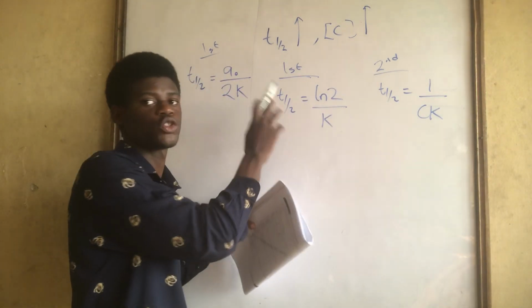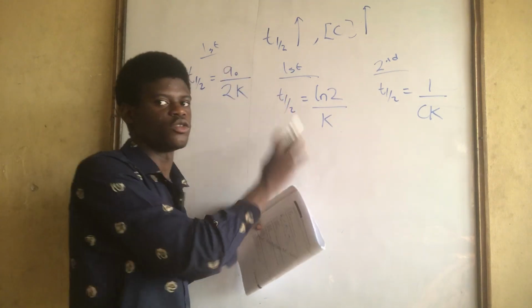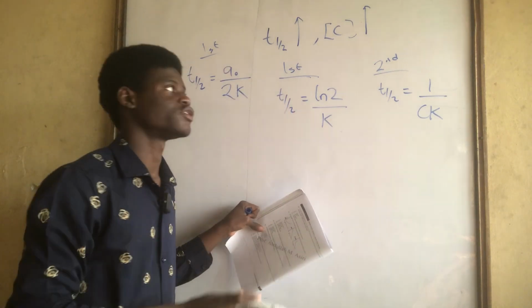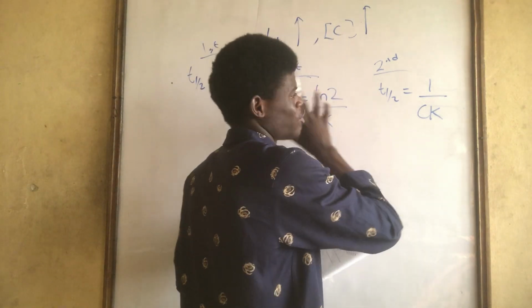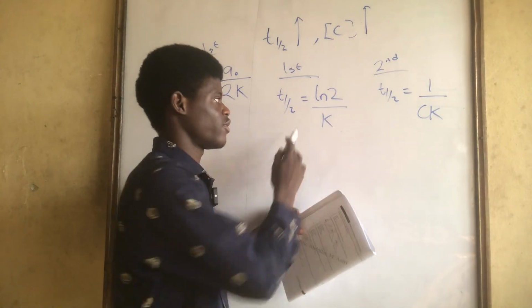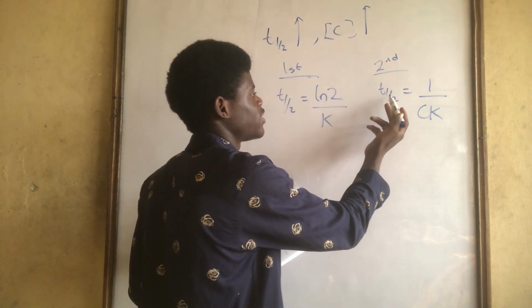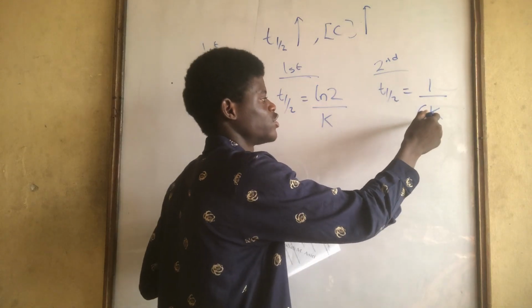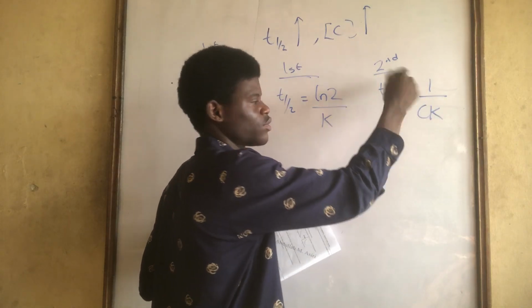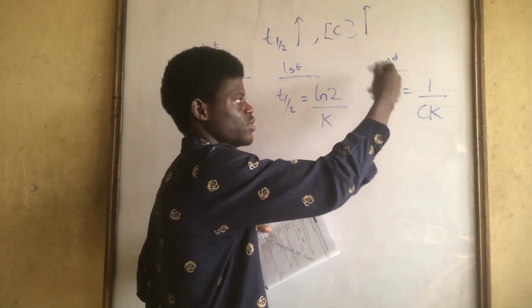It does not depend on concentration at all. For second order, as the half-life increases, the concentration decreases, because they are inversely proportional.